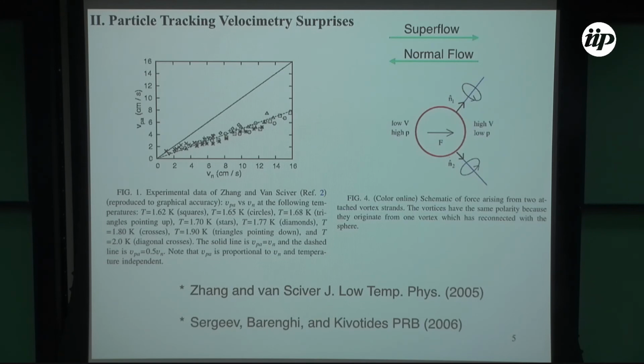Okay, so one of the very peculiar things that was observed by Van Sciver and Zhang in 2005 was that, contrary to what you see in classical fluids, where the particles dragged by the normal flow tend to follow the classical flow with the same velocity, in superfluid turbulence, counterflow turbulence, the velocity of the particles would approach half of the velocity of the normal flow.